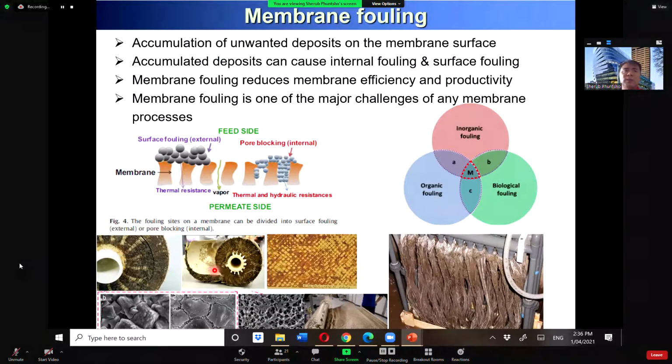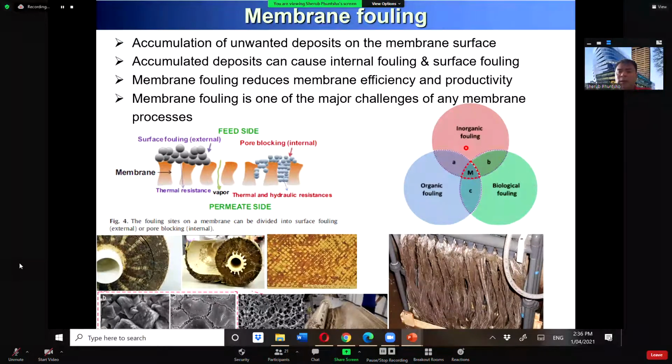Then when the organics are deposited, microorganisms grow. They can release a lot of slimy things, and then they can really reduce the water flux. We were talking about the water flux, right? The volume of water coming per unit area, per unit time, will be significantly reduced, and then you have to do a lot of cleaning. So this is one of the challenges of the membrane.